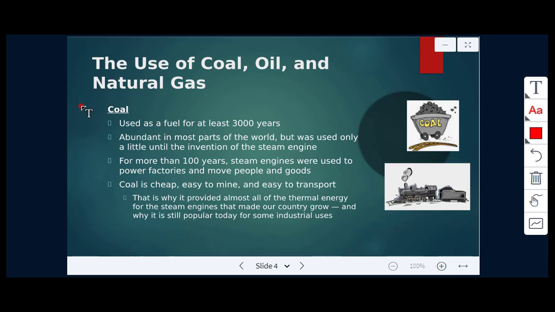Then for more than 100 years, steam engines were used to power factories and move people and goods. Coal is used because it's cheap, it's easy to mine, and it's easy to transport. That is why it provided almost all of the thermal energy for the steam engines that made our country grow, and why it's still popular today for some industrial uses.